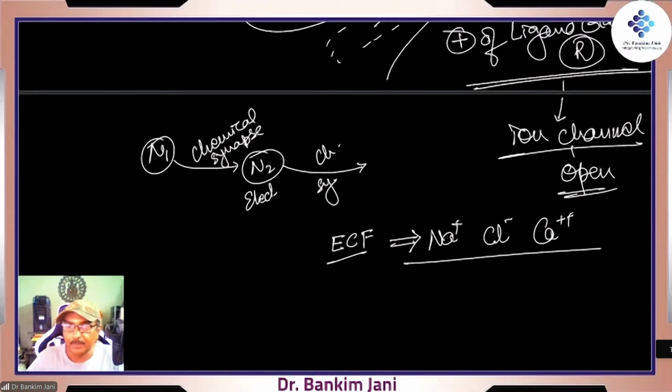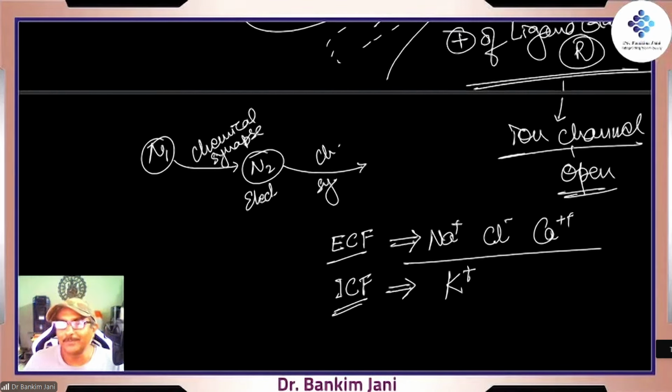Right? So if they put nerve in the place of neuron, what is nerve? Nerve is a group of neurons.